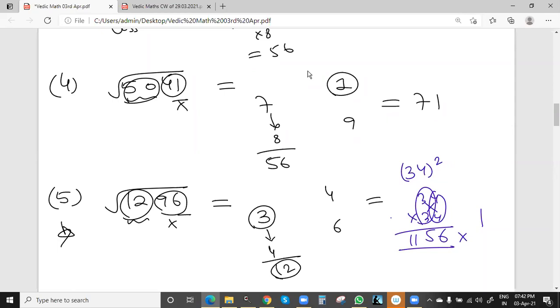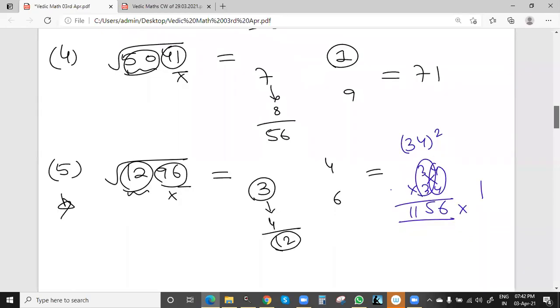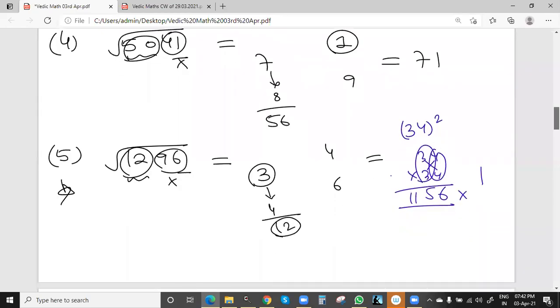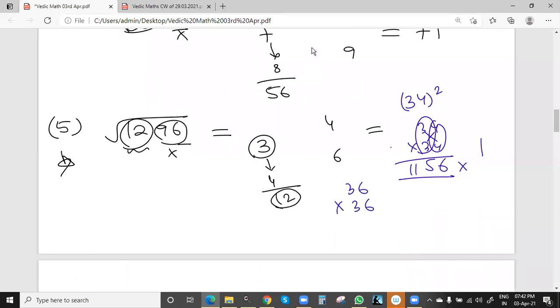If we find it for 36, we get 1296. We can solve 36 also by the shortcut method. 6 6 36, 6 carry 3, 18 cross 18 18 36, 36 3 39, 9 again carry 3, 9 3 12, 1296. Correct. We know this method.